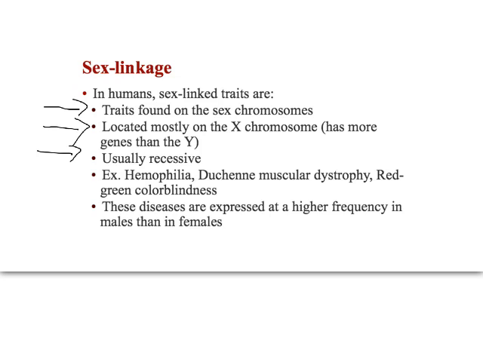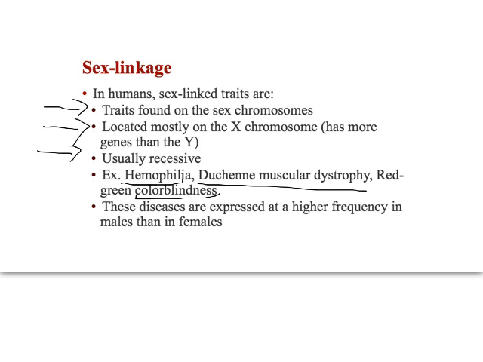These include hemophilia, which is when you lose the ability to clot your blood if you get a cut; muscular dystrophy, which is when your muscles deteriorate and break down; and also color blindness. These are all recessive, which means you have to have the recessive trait to have the disease, and they're on the X chromosome.